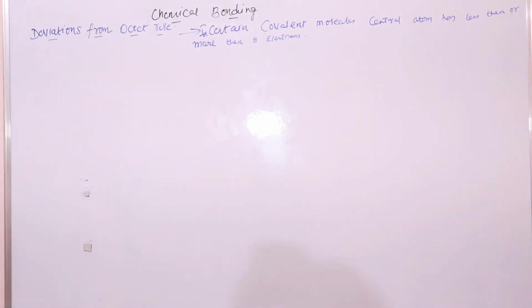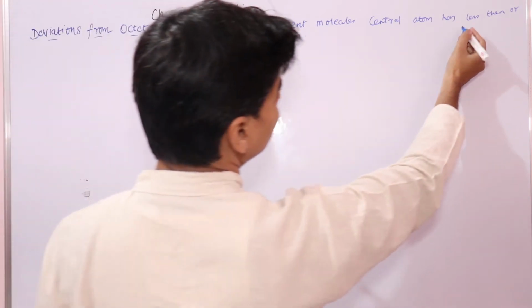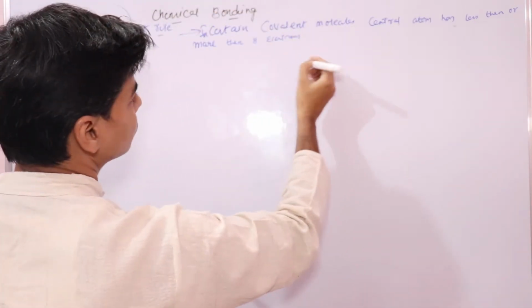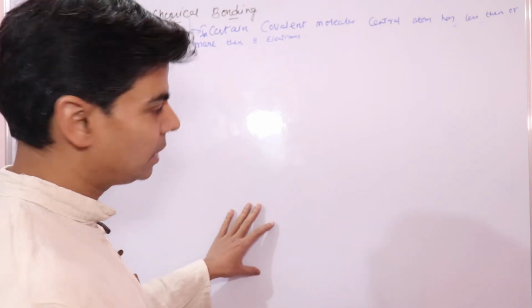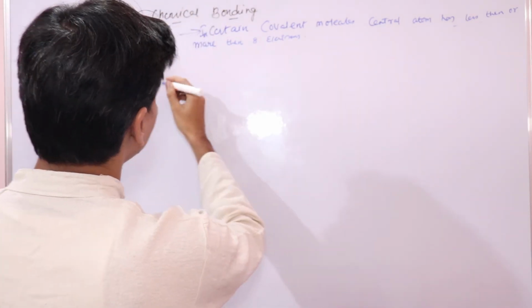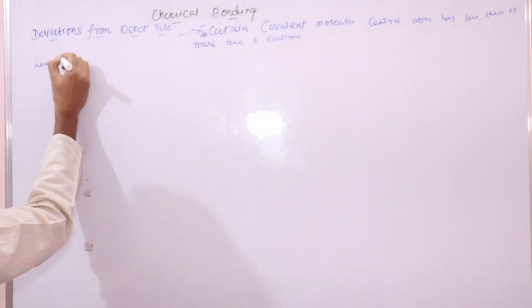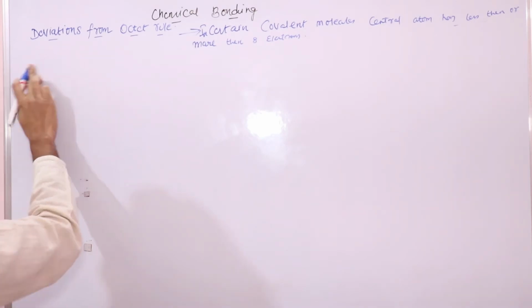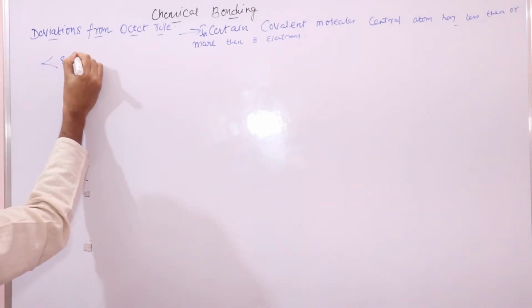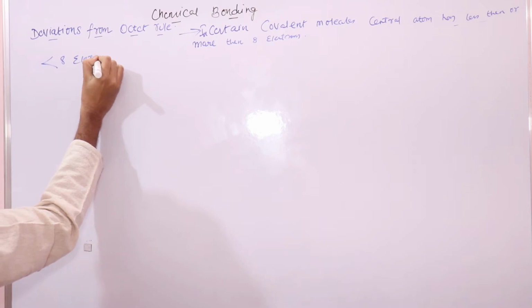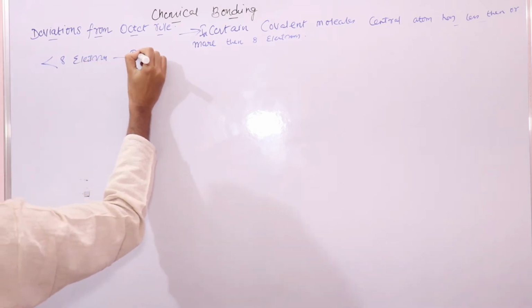When they have less than 8 electrons, we call it incomplete octet.